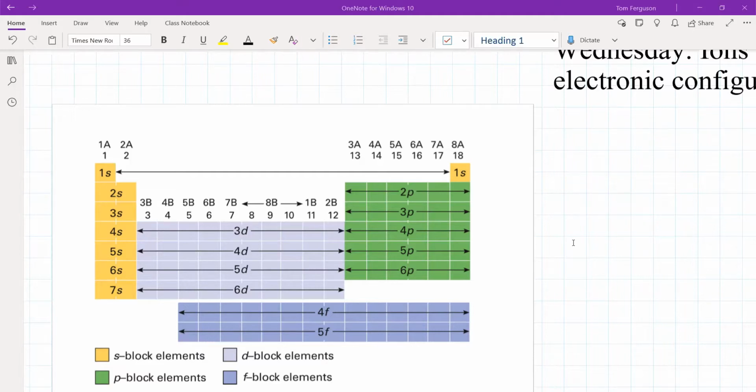Okay. So we've got this periodic table here, and we've got these areas designated as S's, P's, D's, and F's. Those are orbitals that are, again, really stable.